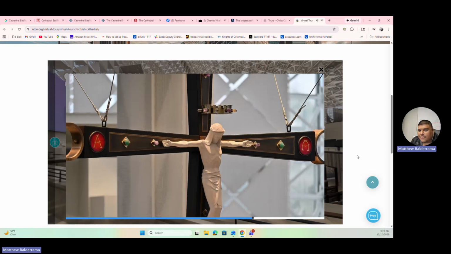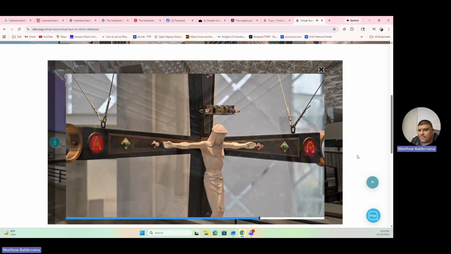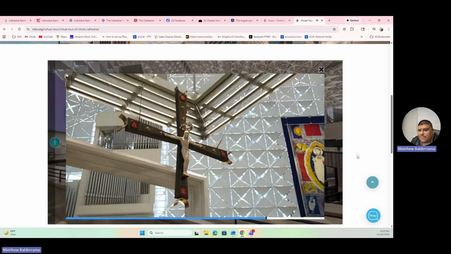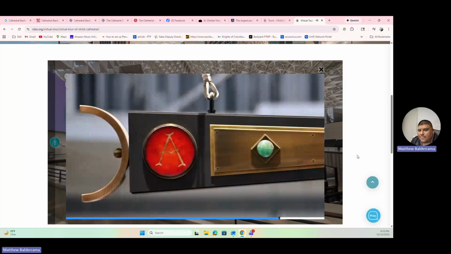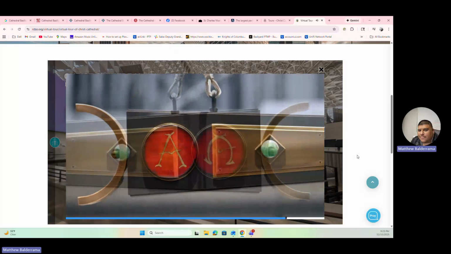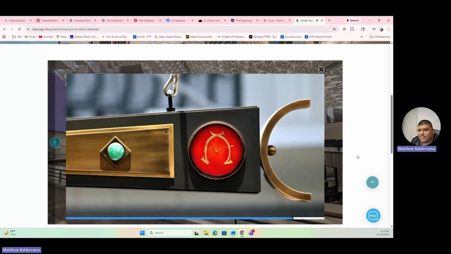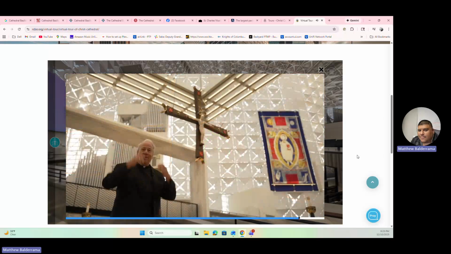Then on each end of the crossbars is a Chi-Rho, which is a symbol of Jesus Christ in Greek. And on the end of the other crossbars is the Alpha and the Omega, because Jesus is known as the Alpha and the Omega. The crucifix hanging over the altar here definitely places the altar as the centerpiece of Christ Cathedral.